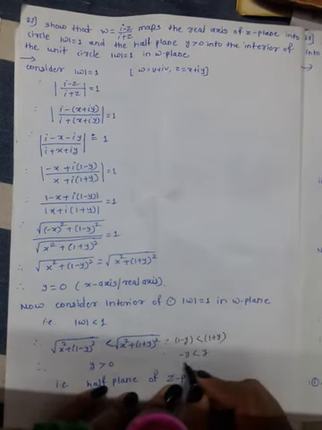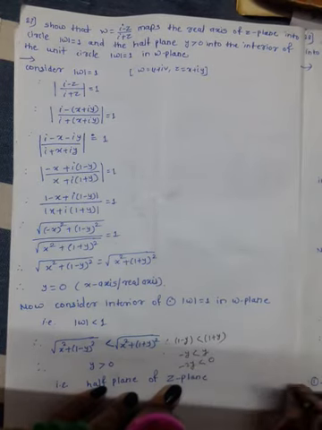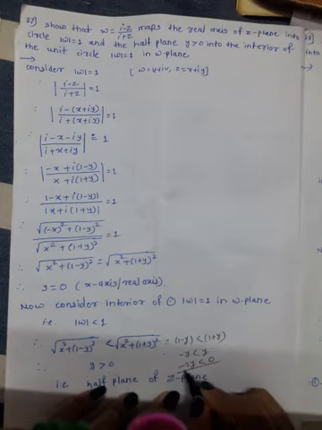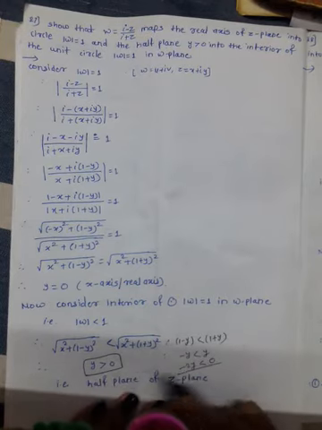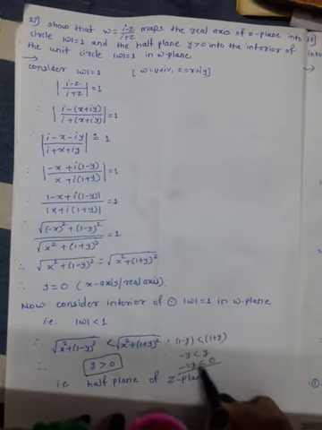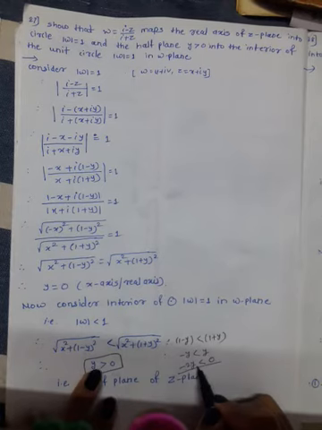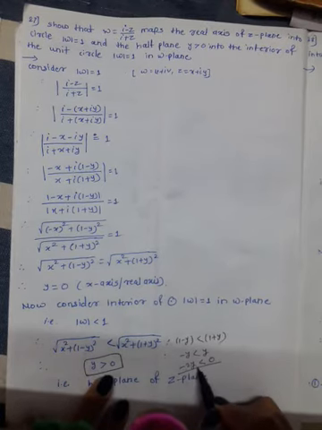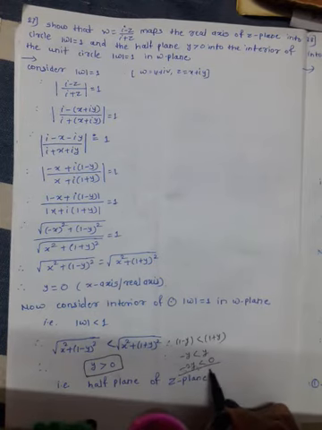Now take y on this side, we get minus 2y less than 0. The product of minus 2 and y is less than 0. That's why y must be greater than 0 from these two. Minus 2 is obviously less than 0, that's why y must be positive. Because if y is negative, then minus minus becomes plus, it becomes positive, which is greater than 0, which is wrong.